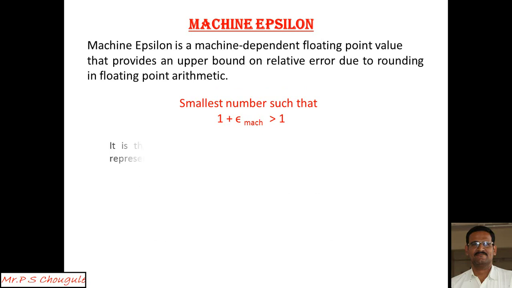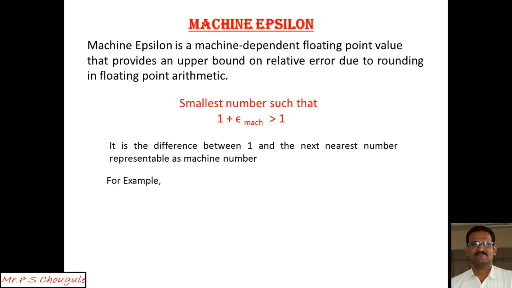So for example, if I take this number 1.0695, in this case the machine epsilon will be 0.0695, or we can simply say it is the difference between 1 and the next nearest number representable as a machine number.